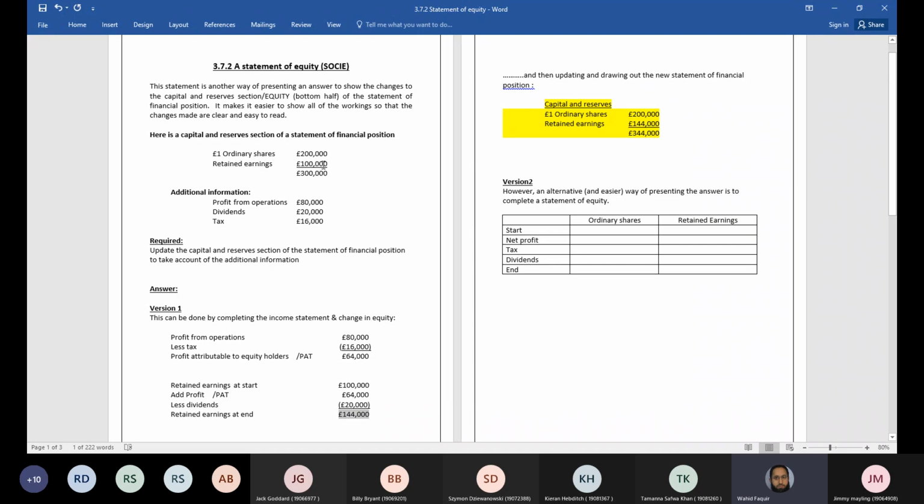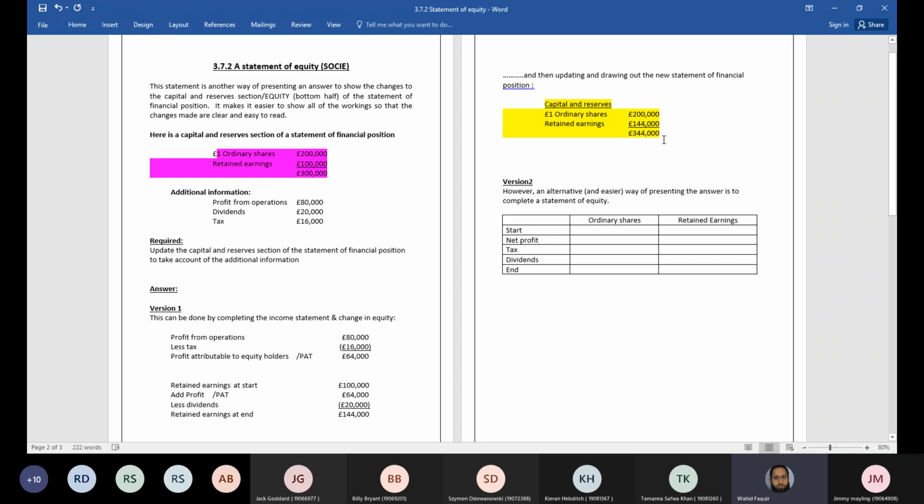We started off with 100,000 and it's changed by 44,000. And then this is the final answer. We're presenting the capital and reserves. That was our opening position, opening position in pretty pink and closing position in yellow.